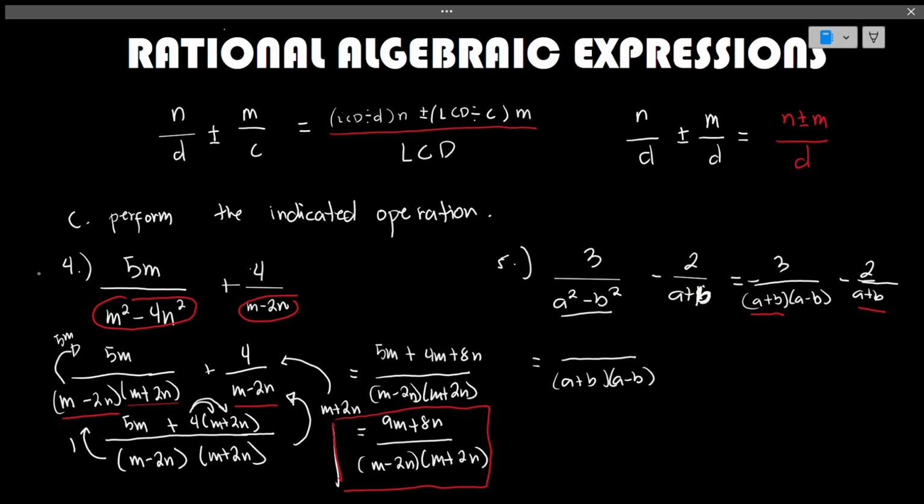Now, the same process: let's divide the LCD by the denominator, multiply to the numerator. A plus b times a minus b divided by a plus b times a minus b. So we can cancel that, which is 1. So 1 times 3 is equal to 3.